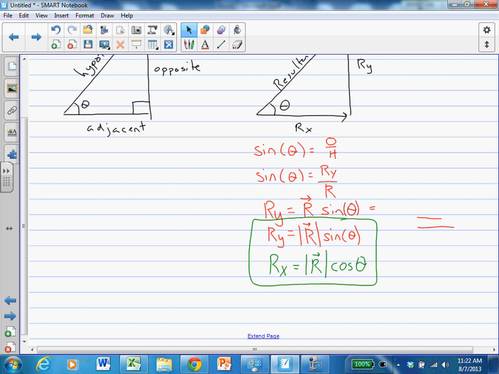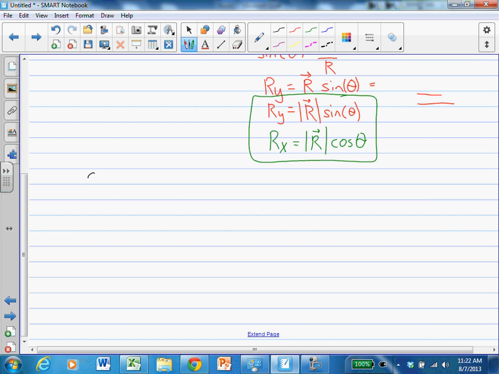So let's take an example. Let's say you had a 40-meter vector at an angle of 30 degrees. And we ask, what are the x and y components of this vector?